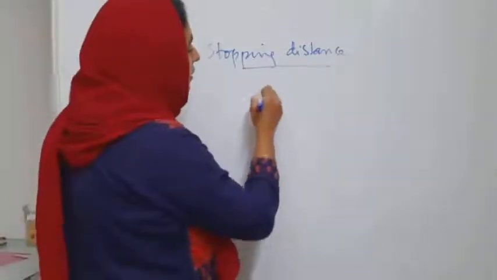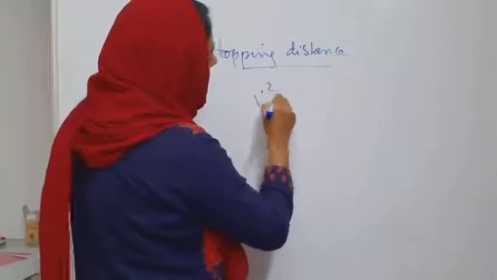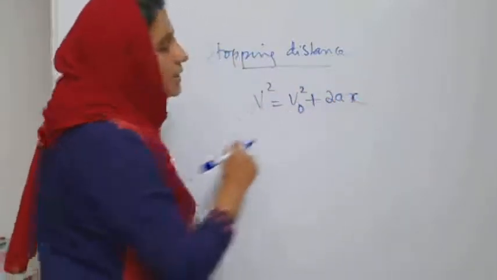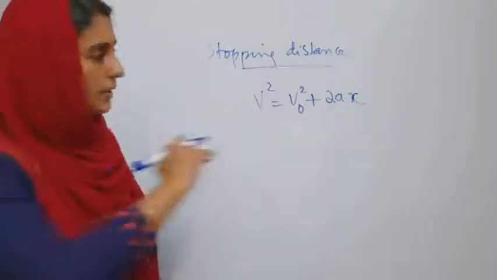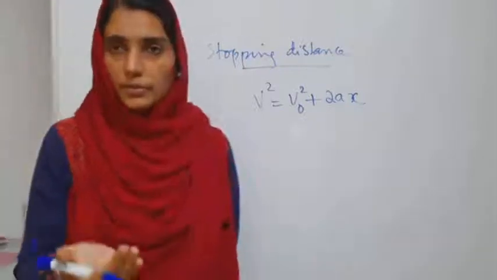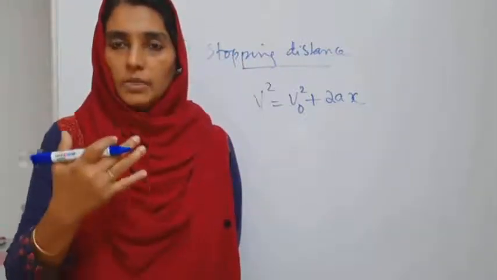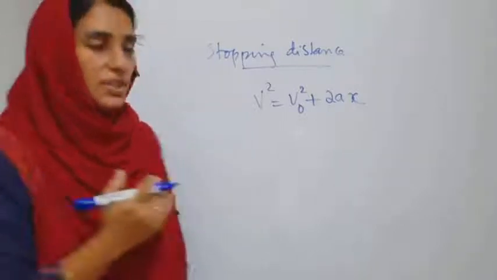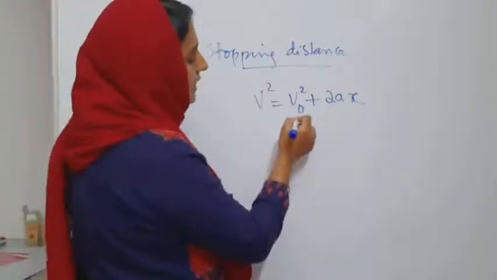From the equation v square is equal to v0 square plus 2ax, x is the distance moved along the particular direction. As I have told you, when a vehicle suddenly slows down, it must have an initial velocity, so this is the initial velocity v0.